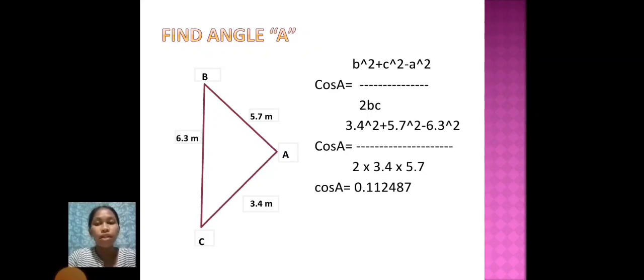To find the angle from cos A, we need to use the inverse. The result of this is cosine A equals 0.112487.